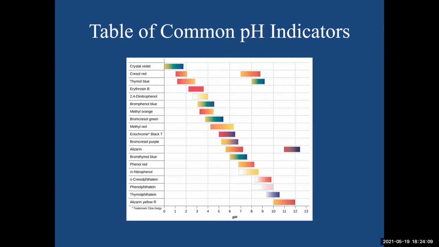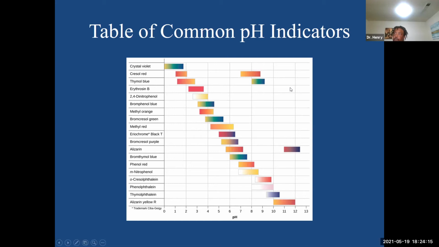Would you choose the bromothymol blue? Okay. That would be a perfect indicator to choose, because your pH is somewhere within this range. Any of these indicators here would actually work, right?